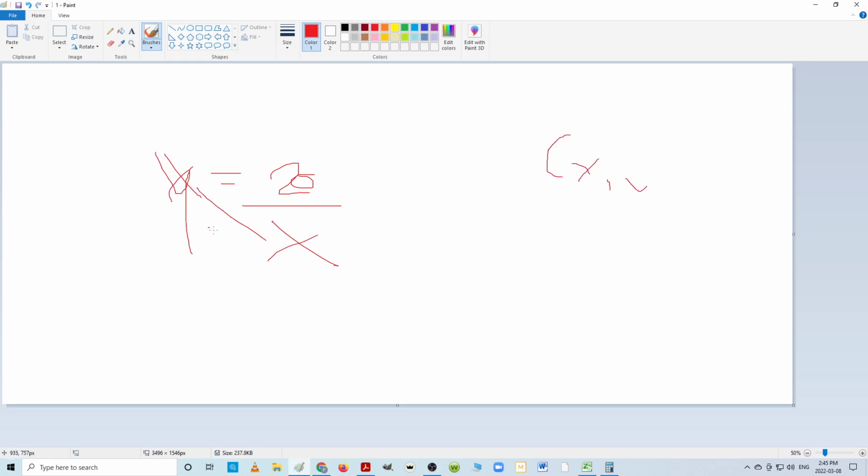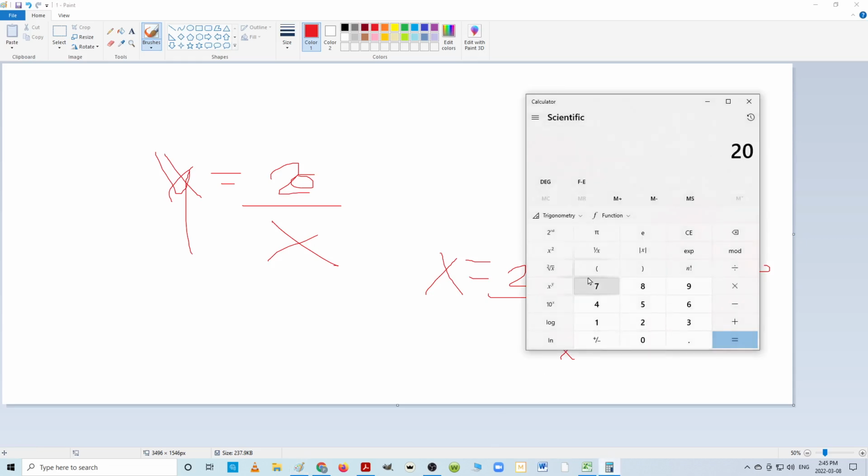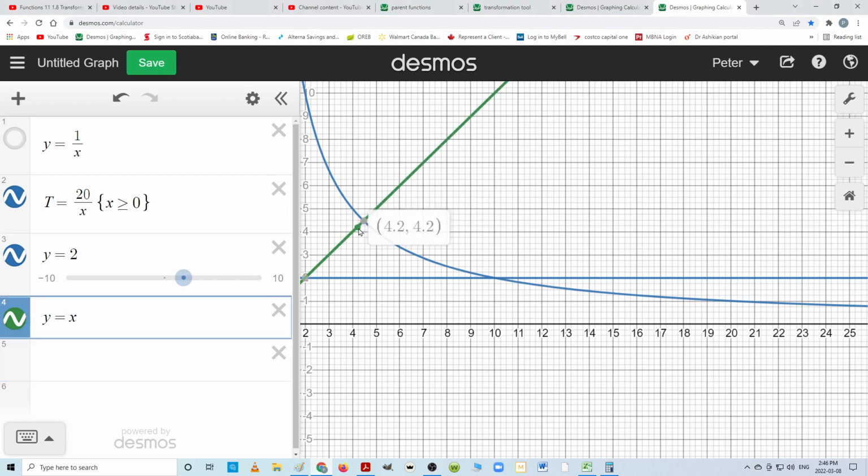Well, when they're equal, right? So you could just do this. x is equal to 20 divided by x, which means x squared is equal to 20, which means x is equal to the square root of 20. The square root of 20 is 4.47, which explains why that is sort of the symmetry point.